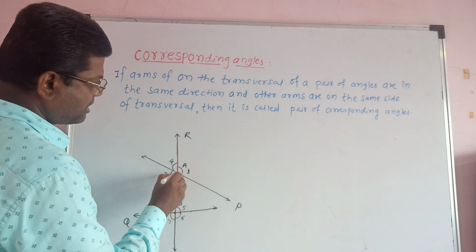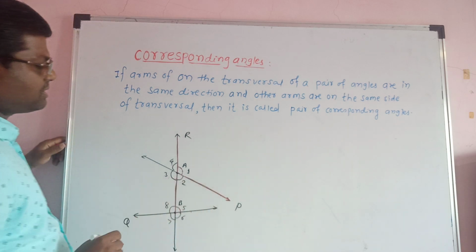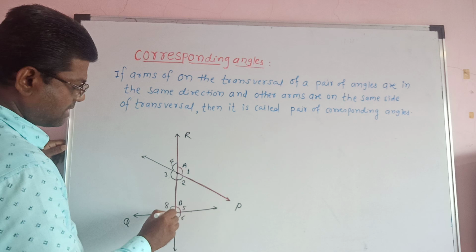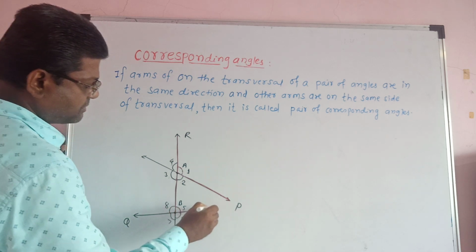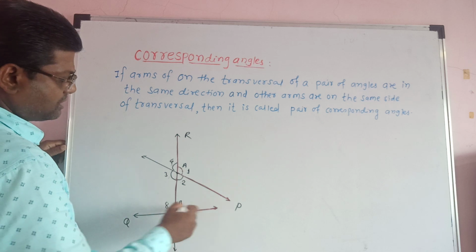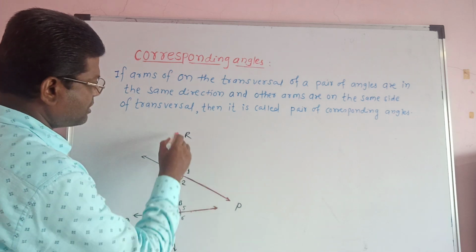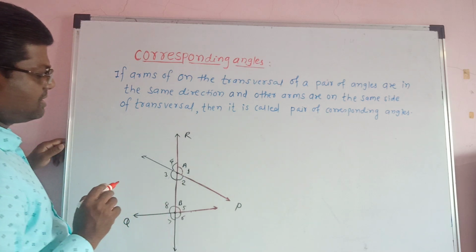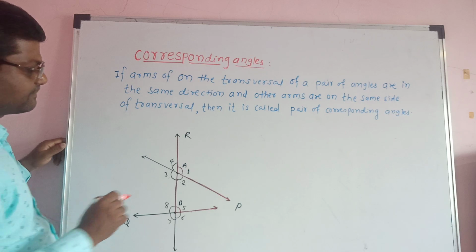Angle 1 has its other arm on the given line P, and angle 5 also has its other arm on the line Q, and these arms are on the same side of this transversal. So such angles are called corresponding angles.